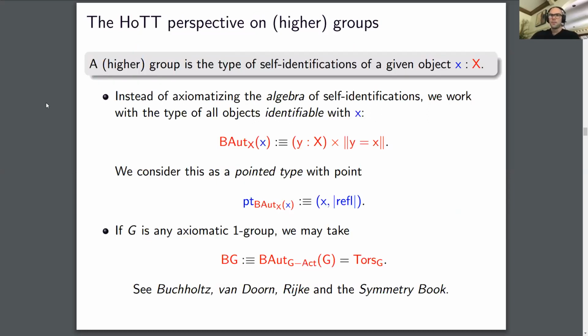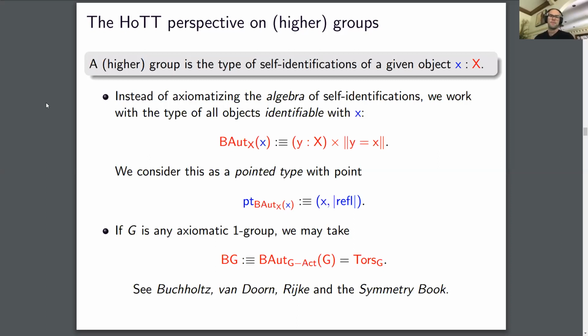So homotopy type theory has a really interesting, novel and deep, fundamental shift of perspective on what it means to be a group. The shift of perspective is that a group is going to be the type of self-identifications of a given object of some type.